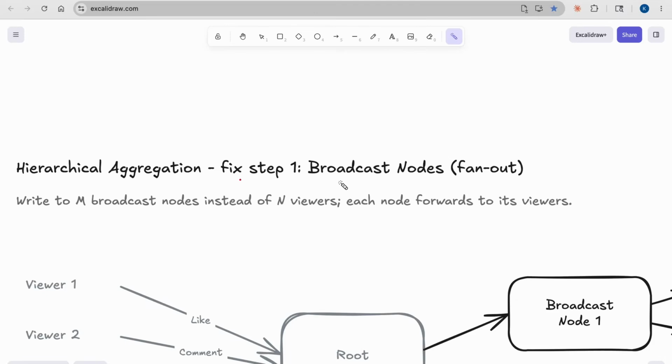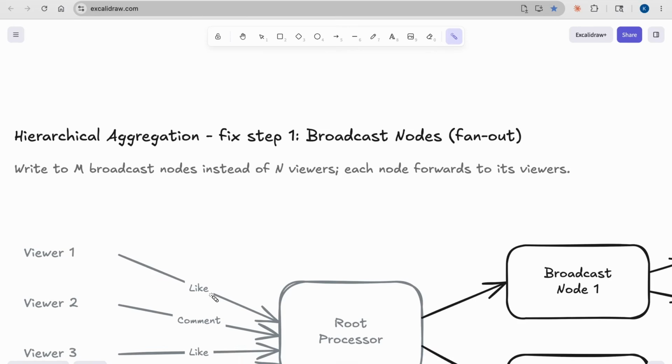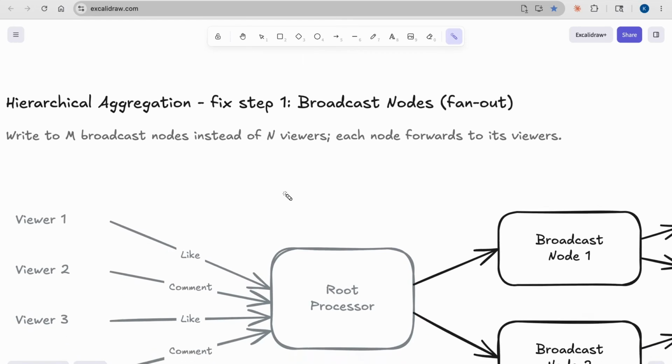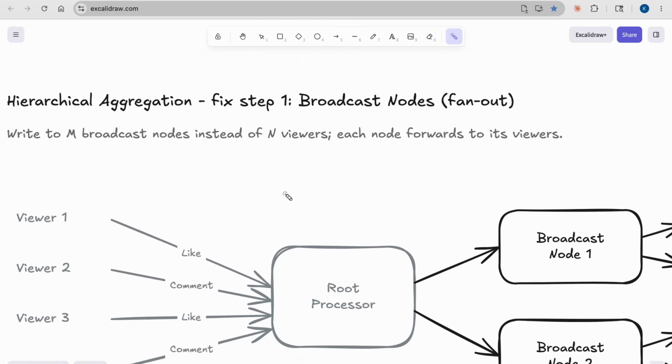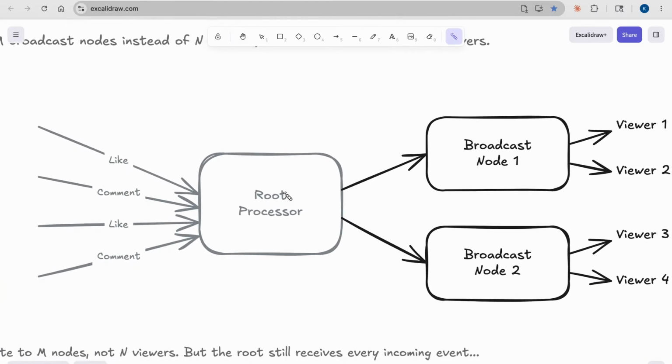Here the first step in dealing with this kind of situation is that we can try to simplify from both standpoints, one step at a time. First, we can add broadcast nodes, which is a fan out. We know that all our viewers are looking for the same consistent view.